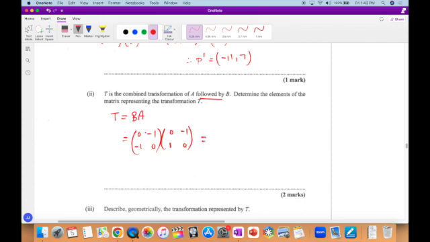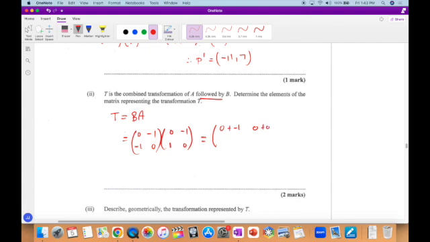So we multiply this row by this column: 0 times 0 is 0, and then -1 times 1 is -1. Then we multiply this row by this next column: 0 times that is 0, and then 1 times 0 is 0.